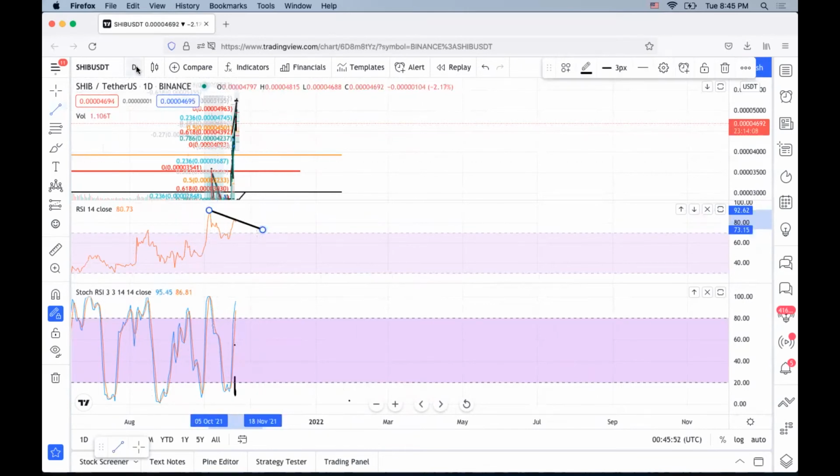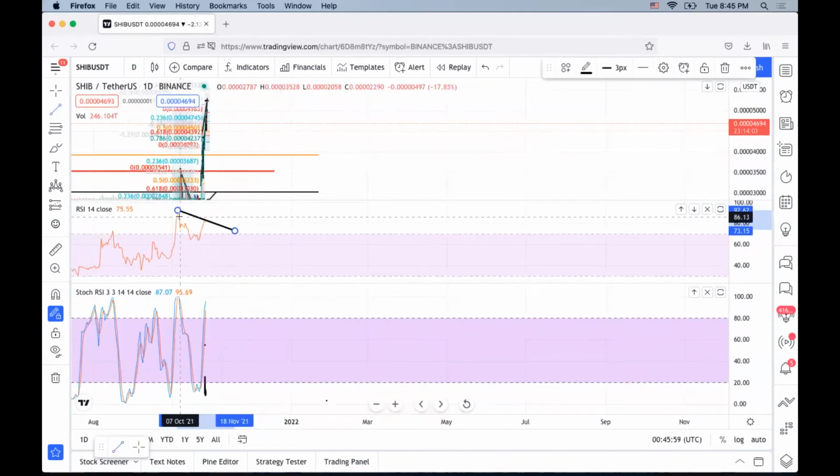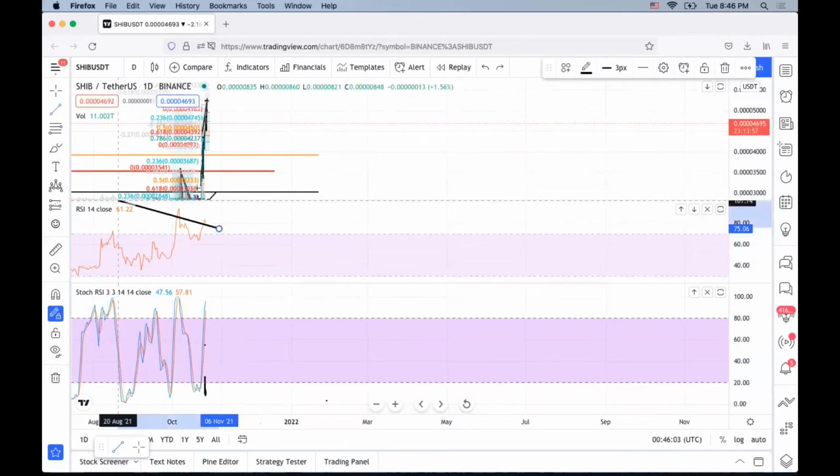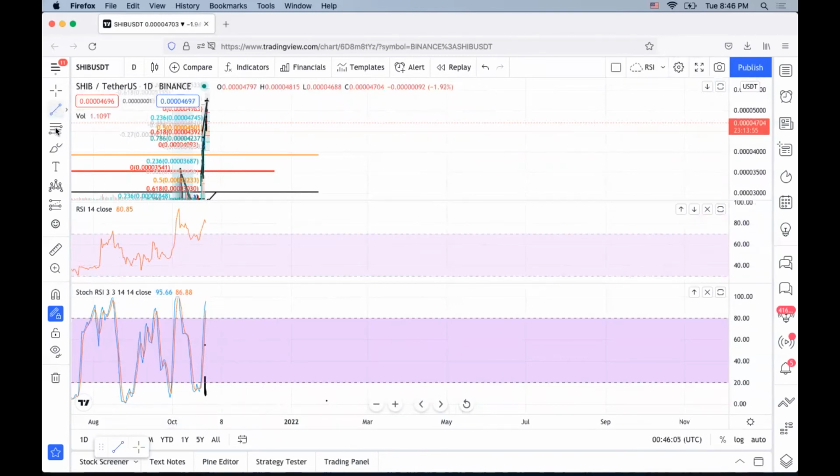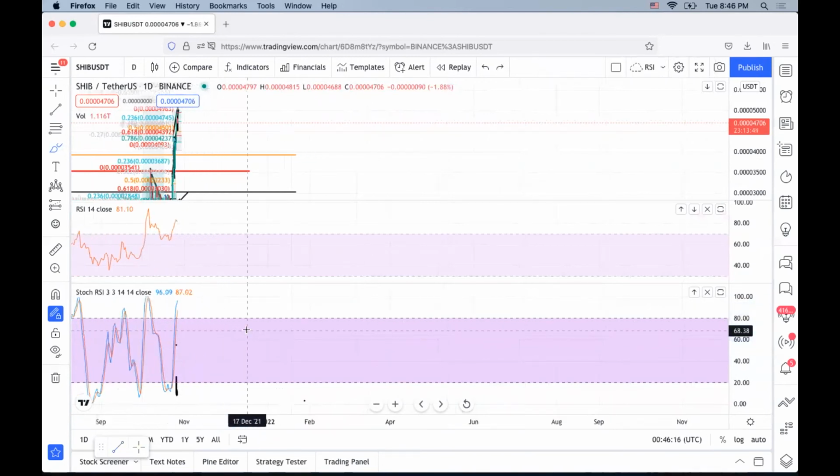And of course, this is on our daily chart, so once we do start correcting in another day or so, we'll probably correct for at least a day, and then let this cool off a little bit down here. And as you see right now, our stochastic is all the way up here. We are in the overbought territory. So we could, of course, see another fall here shortly.